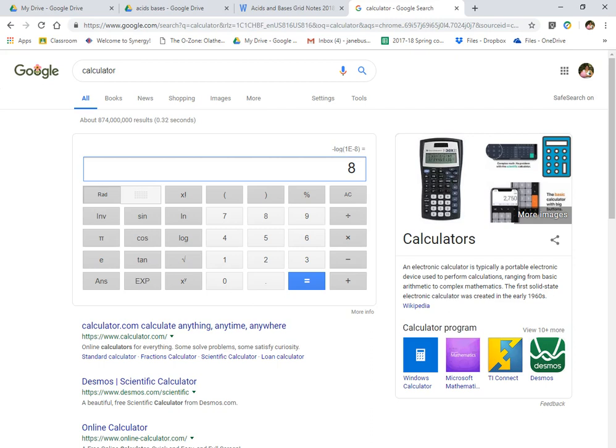All right, so here's a calculator. We just calculated that the hydrogen ion concentration for the first line was 1 times 10 to the negative 8th. So if I take a negative log of 1 times 10 to the negative 8th, I get a pH of 8.